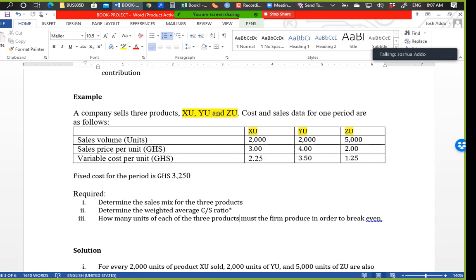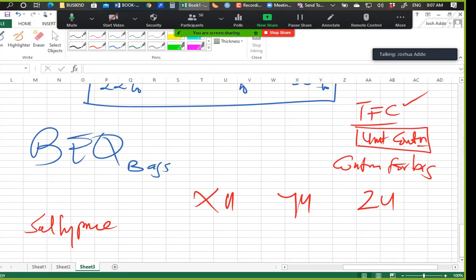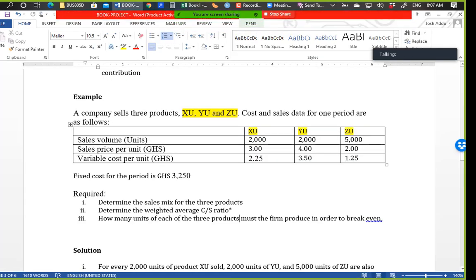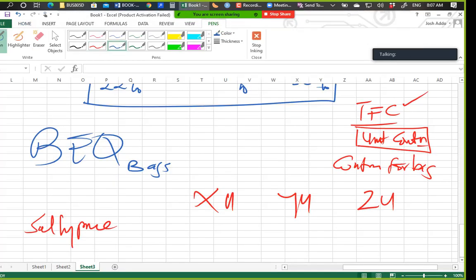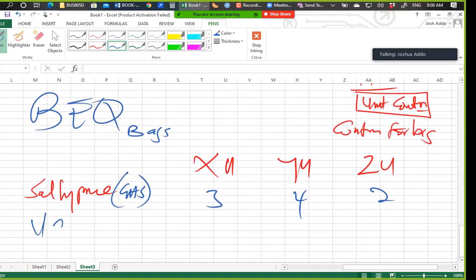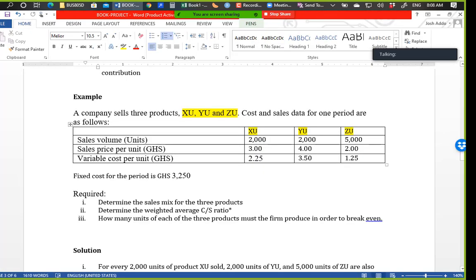Okay, so let's do it like that. Selling price per unit: 3, 4, 2. So this is in Ghana cedis. And then variable cost per unit is 2.25, 3.5, and 1.25.